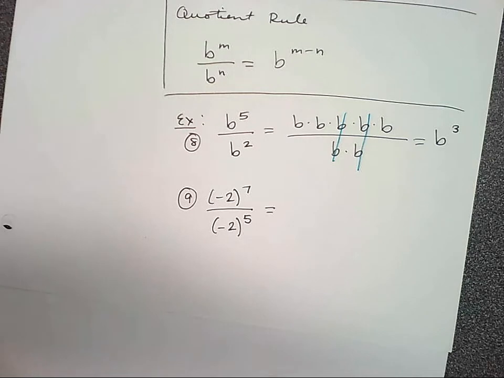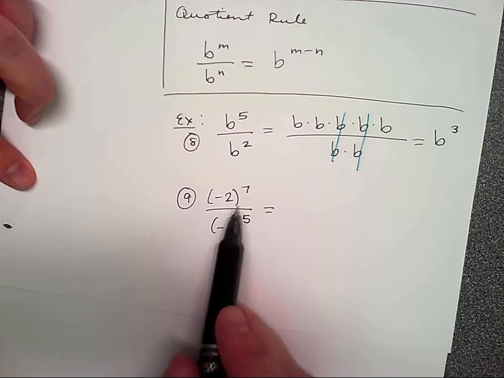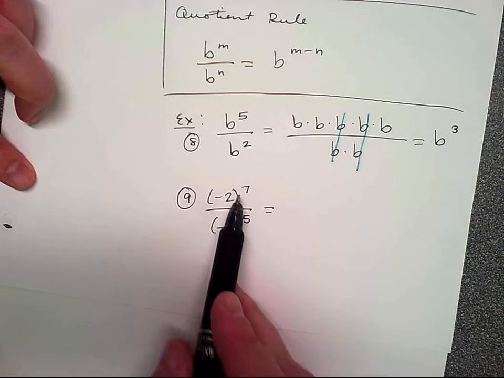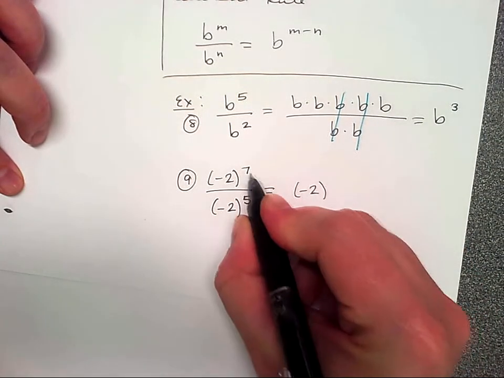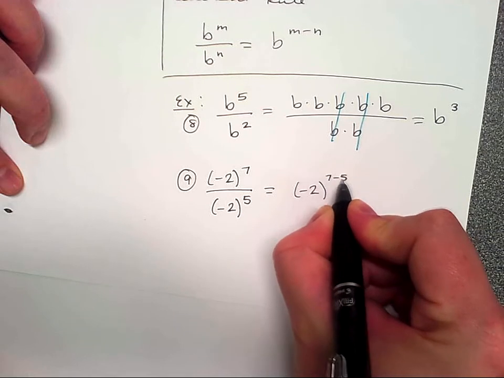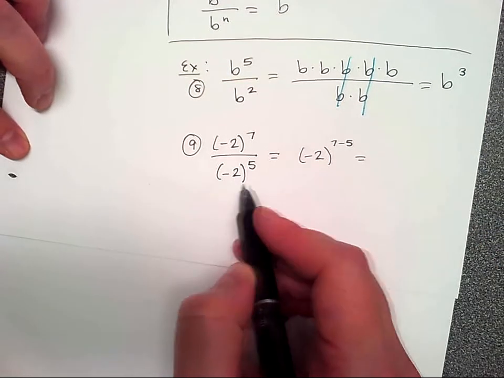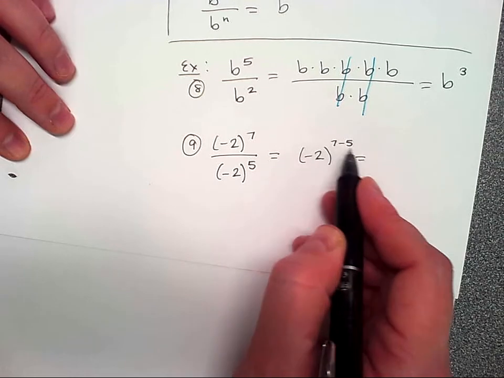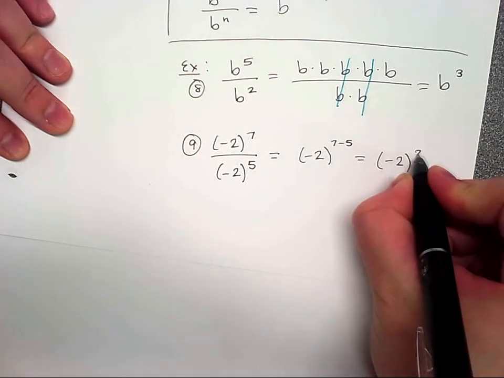What do I do with my rules of exponents first? I have the same base, right? And I'm subtracting the exponents, right? So I get negative 2 to the 7 minus 5, right? Power on the numerator minus power on the denominator, 7 minus 5. And I get negative 2 to the 2nd.